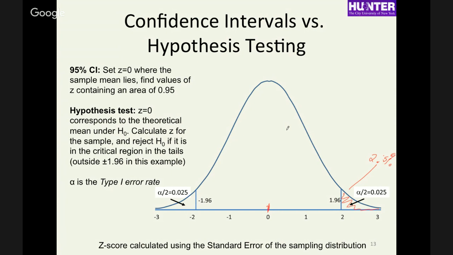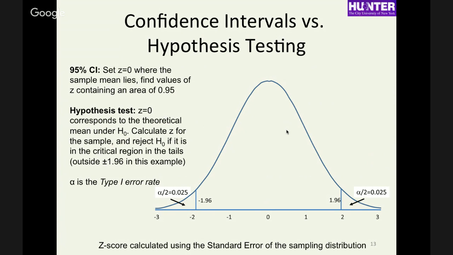Mathematically, there's this kind of equivalence but slightly different approach that you would use for confidence intervals and for the hypothesis test. In practice, if you calculate your confidence interval and the hypothesized value under the null hypothesis falls within that confidence interval, then you don't reject H0. If it falls outside the interval, you do.